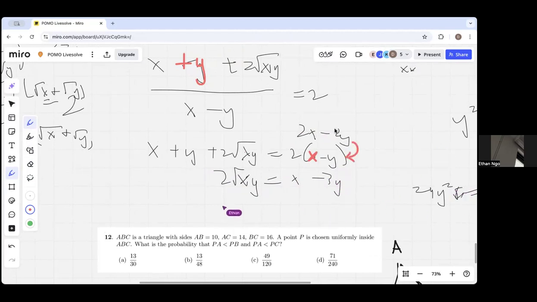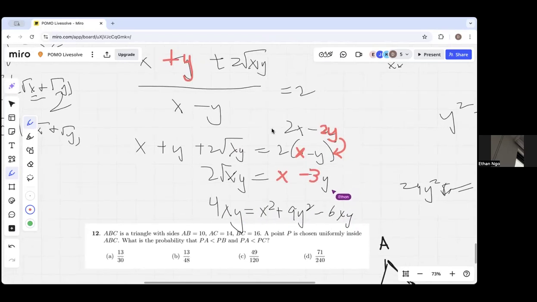Lastly, if you square both equations, we get 4xy equals x squared plus 9y squared minus 6xy. Therefore, x equals 9y.